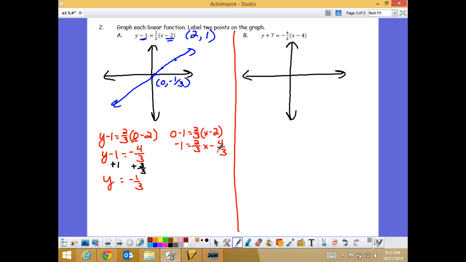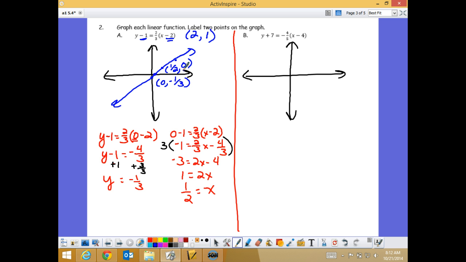And if those fractions are bugging you, remember from way back when we were solving these equations, you have the power to get rid of them. You can multiply by that common denominator of 3. So when we do that, we have negative 3 is equal to 2x minus 4. We can solve this by adding 4: 1 equals 2x, and then dividing by 2. So x is equal to 1/2. So our x-intercept is the point (1/2, 0).